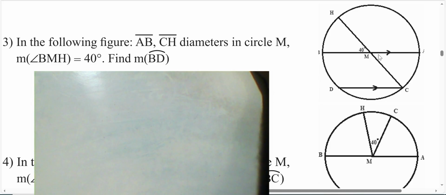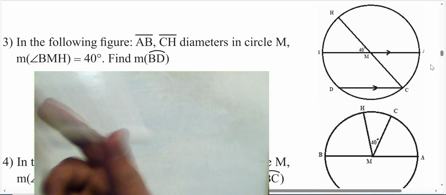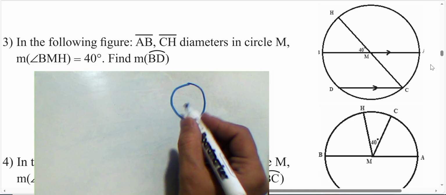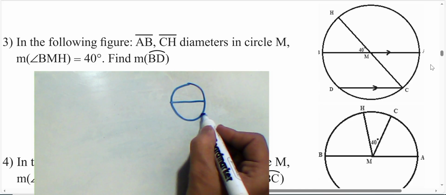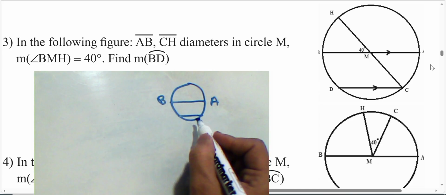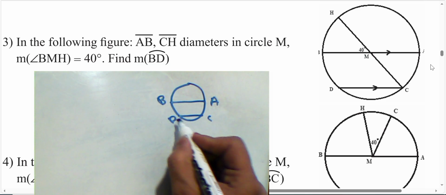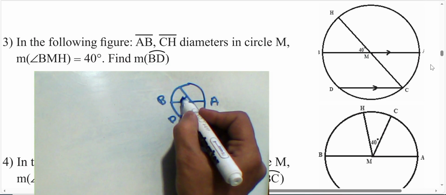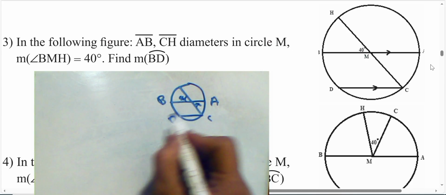I will clear it here and draw again. We have a circle and this diameter and this chord. We have here AB and CD. The angle here was 40 degrees. This angle will be 40 also.